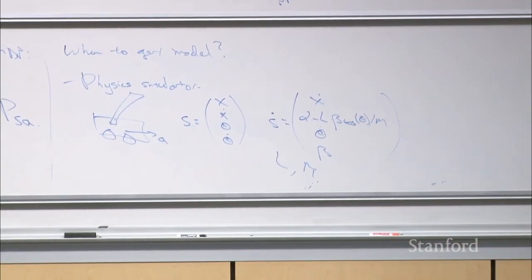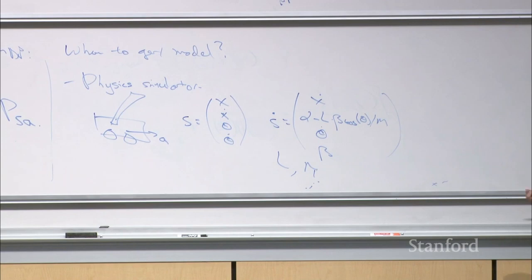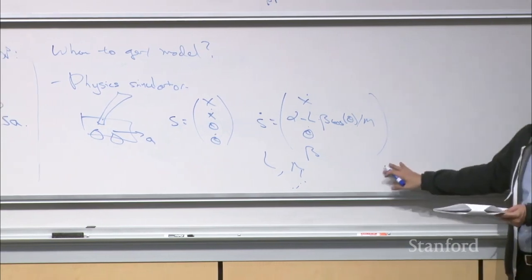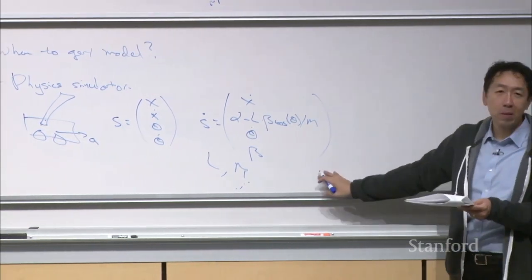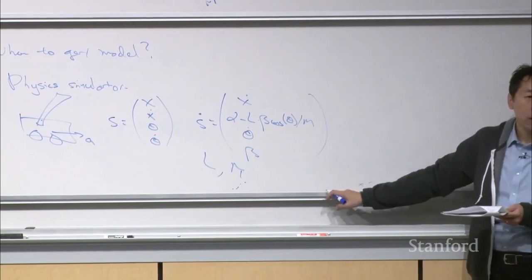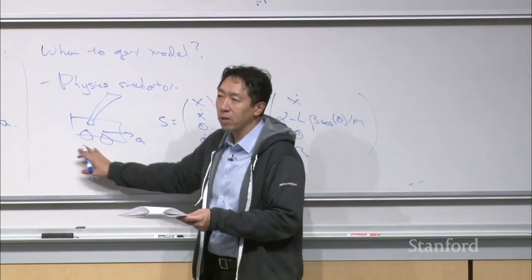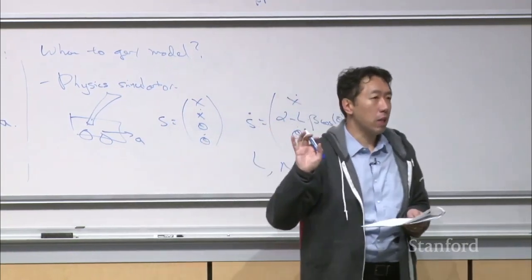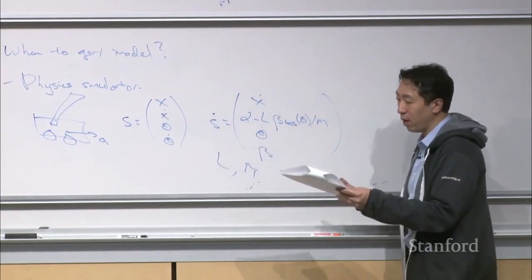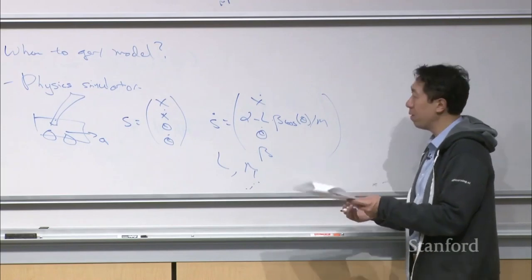or rather than trying to derive this yourself using Newtonian mechanics or finding the help of a physicist friend, there are also a lot of open source physics simulator software packages where you can download an open source simulator, plug in the dimensions and mass and so on of your system, and then it'll spit out a simulator like this. It tells you how the state evolves from one time step to another, right?